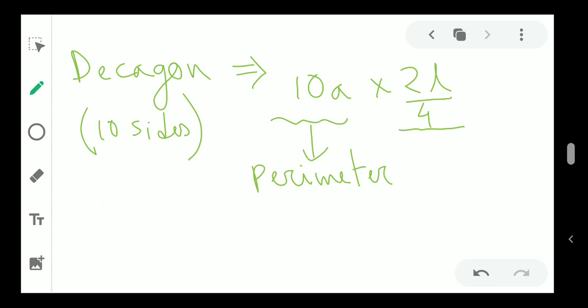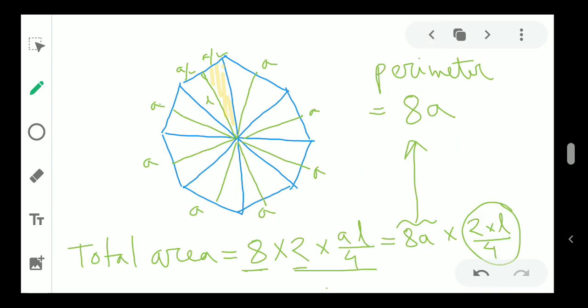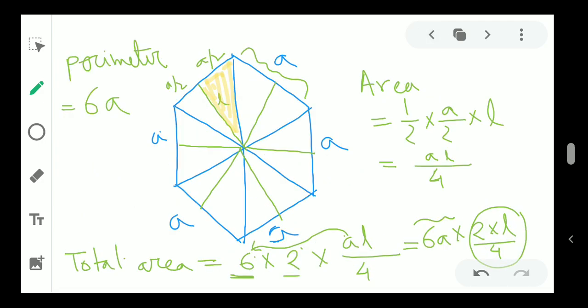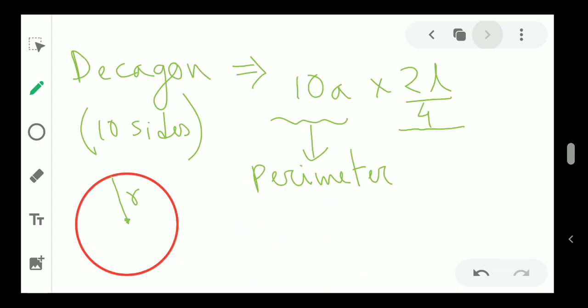Okay, so now we are going to do this for a circle. Now for a circle, this L we say is R. Yes or no? What we are taking as L here and here, in case of a circle, we take as R, the radius.